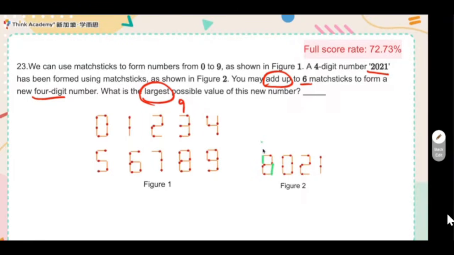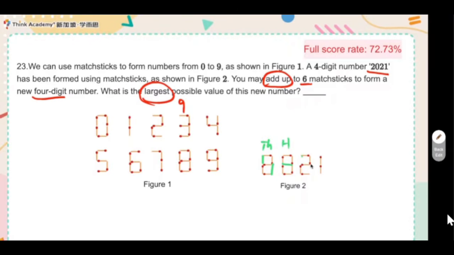And then as for this is thousands, this is hundreds. How can we make sure the hundredth digit is also the biggest? Can we make a 9 here? No, we can only make 8, right? But 8 is also very big. So right now we still have how many matchsticks? 3. Okay, then let's see. As for the next digit, what is the biggest number that we can form?